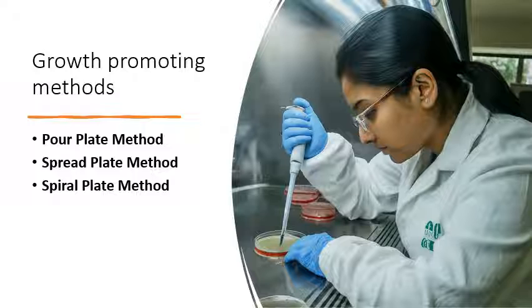Based on the reference strain on this particular agar, there's a comparison to show that this agar has actually passed the growth promoting test, certifying that the agar is good, can support the growth of the specific target organism. That is for the pour plate method.